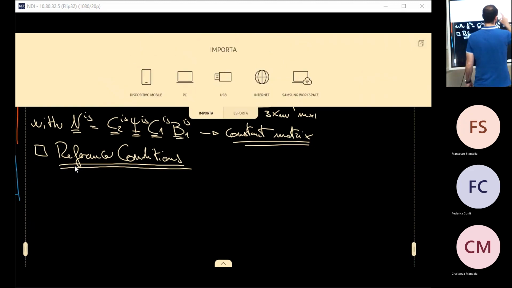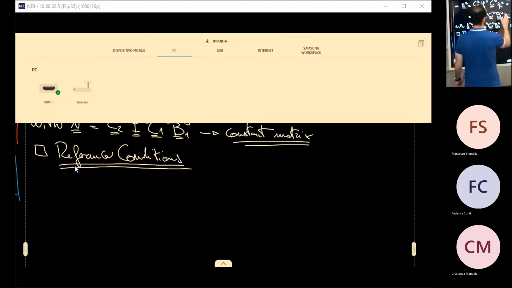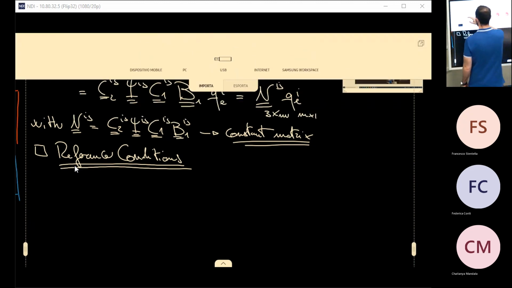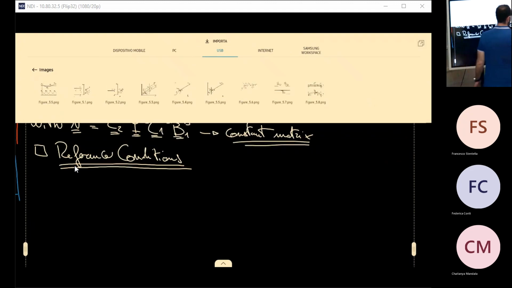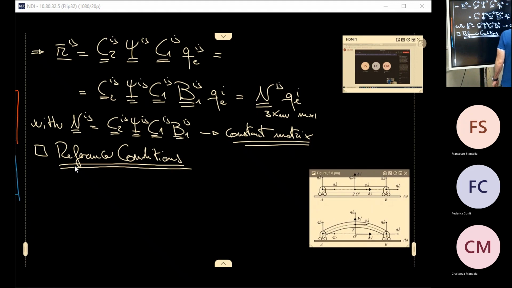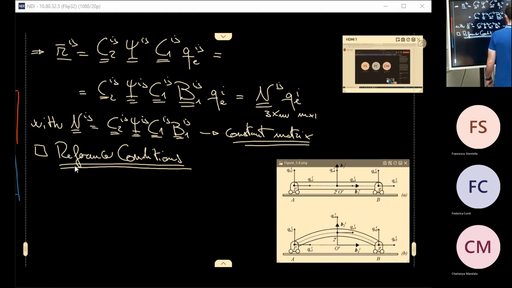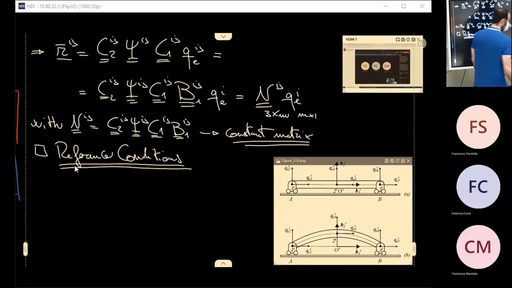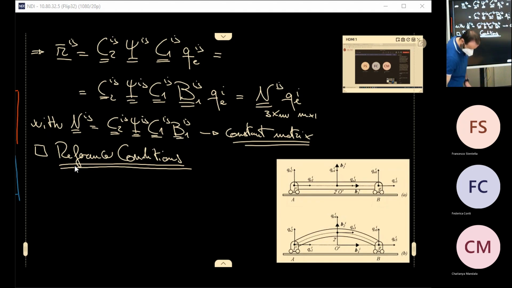Can make use of another picture here. And it's this one. So, again, here you have a slider. Okay, it's a body composed of just 2 elements in this case.